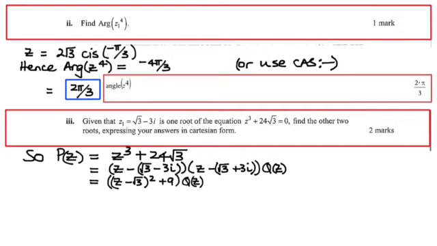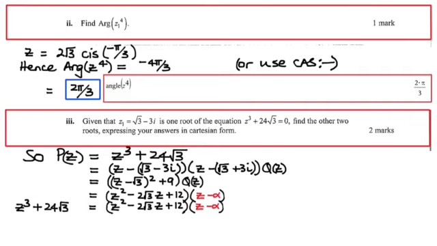Okay, yeah, we get that, don't we? Yes, we do. And that comes to that, after I multiplied it all out. And now we're just going to work out what alpha is for this last linear factor, which is really easy to work out. So we're saying that z cubed plus 24 root 3 is equal to this, right?